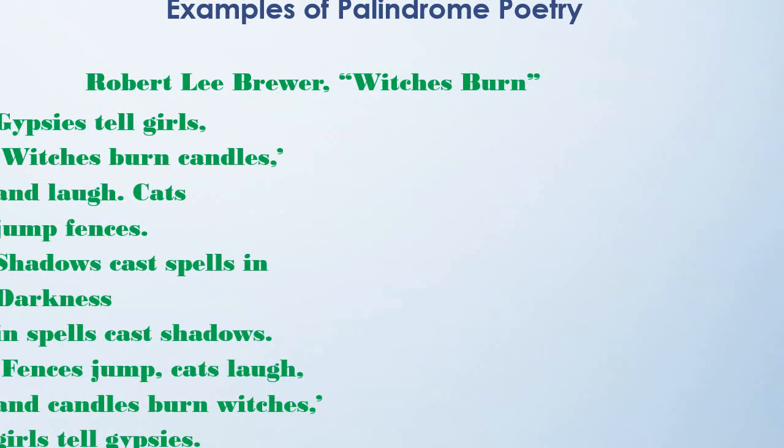Cats jump fences. Shadows cast spells in darkness. In spells cast shadows, fences jump, cats laugh. And candles burn witches, girls tell gypsies. Thus, the poem is a typical palindrome poem.